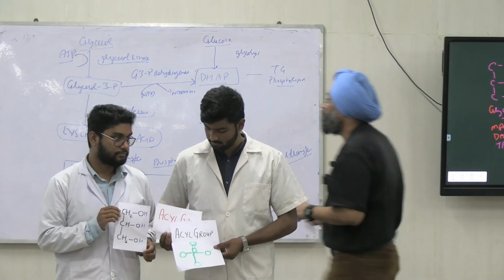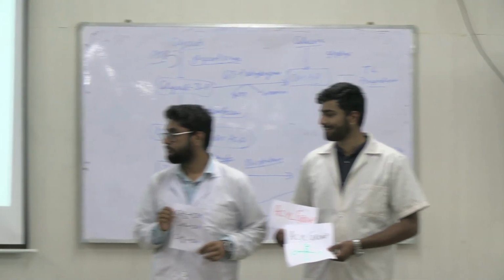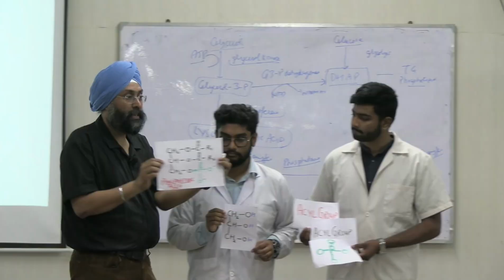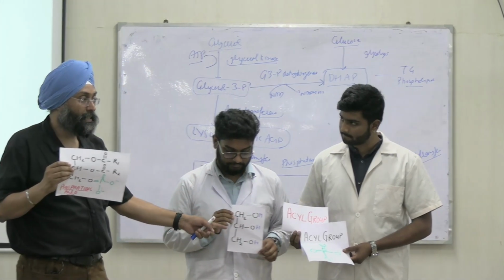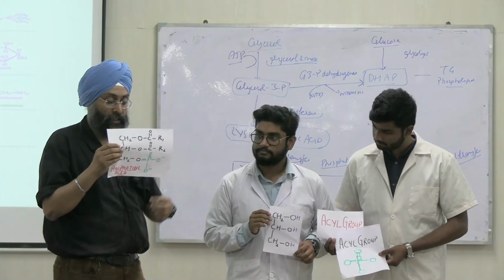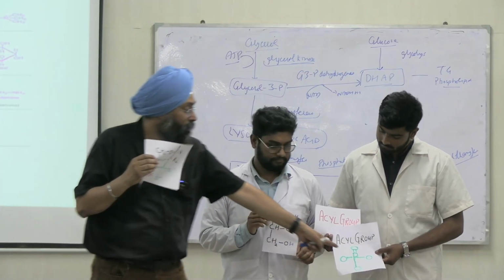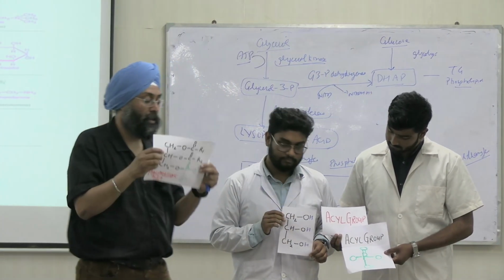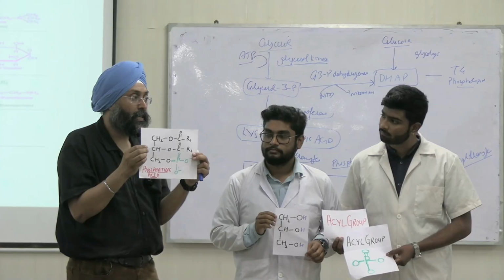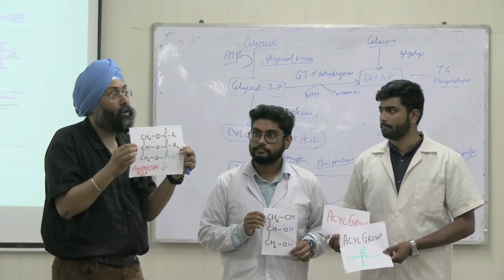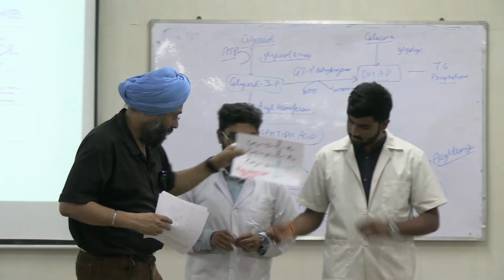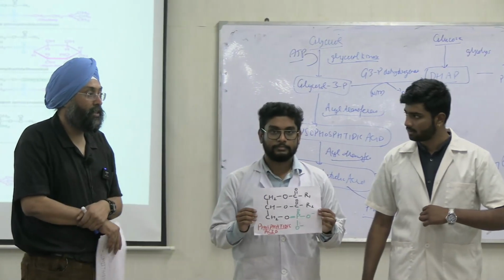So this is the complete structure of phosphatidic acid. See, monoacyl, diacyl, triacyl. At third position, we are attaching phosphate instead of acyl group, it becomes our phosphatidic acid. From this molecule, we can synthesize all the phospholipids. Okay?